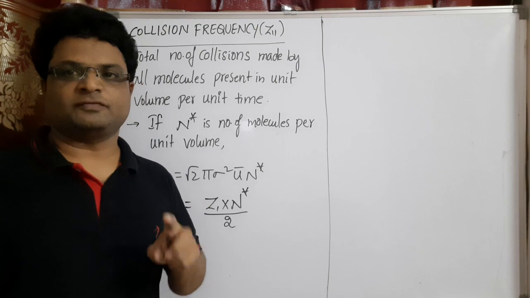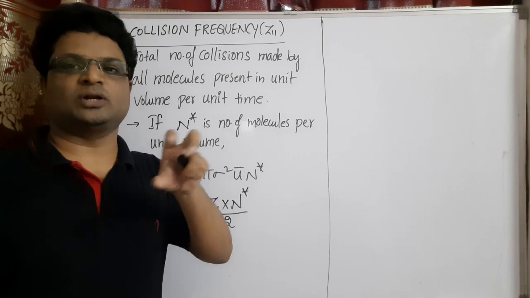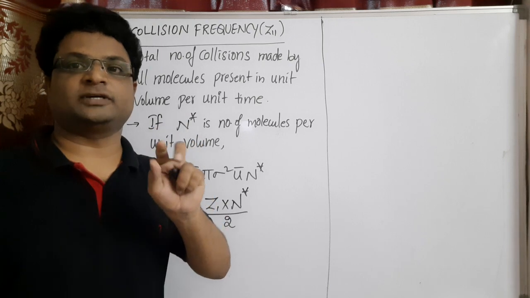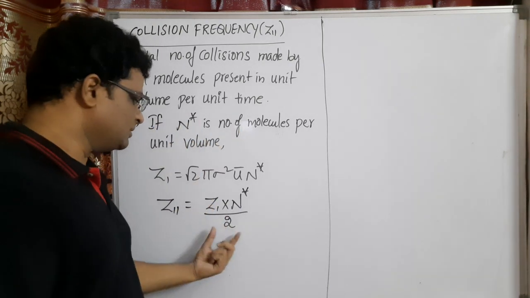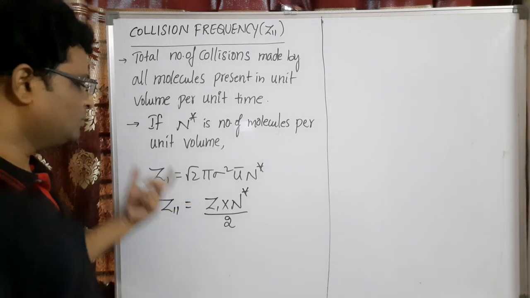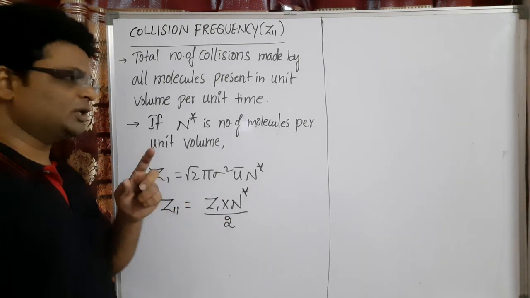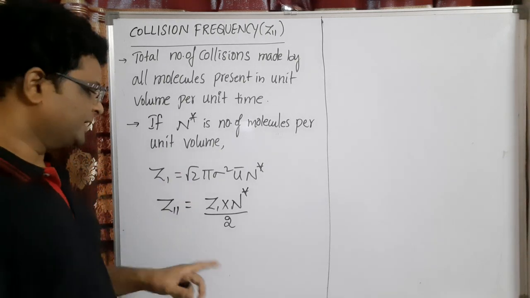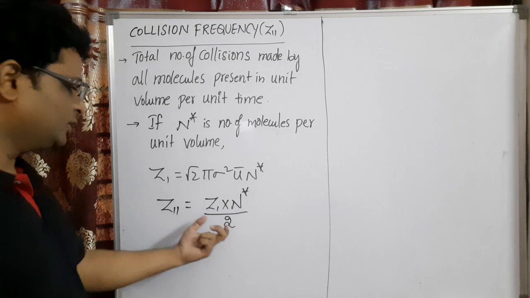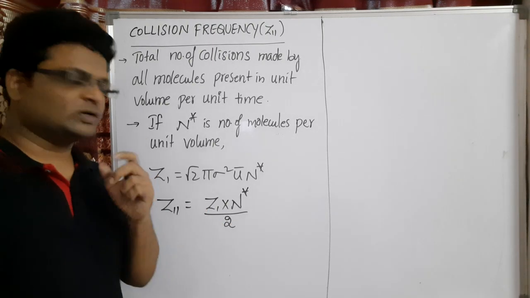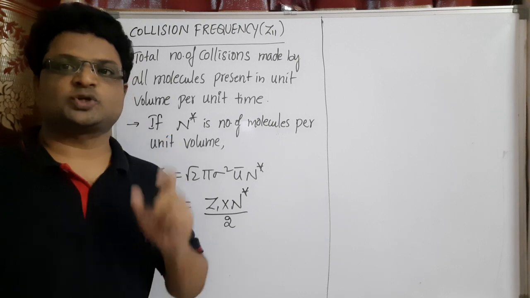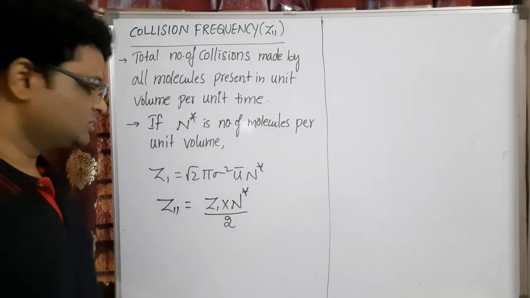But since each collision is common for two molecules, this 2 comes in the denominator. Once again I am repeating, the 2 in the denominator indicates that each collision is common for two molecules.